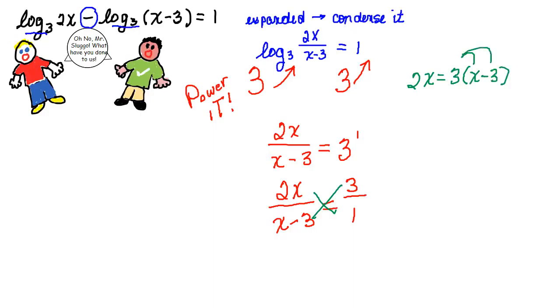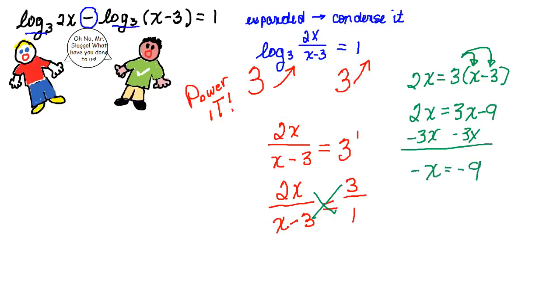Back to algebra again, and all is happy in Mr. Billville. All right, so we get 2x equals 3x minus the 9. Got a minus 3x, got a minus 3x. So we get negative x equals negative 9, and everybody goes, x equals 9.